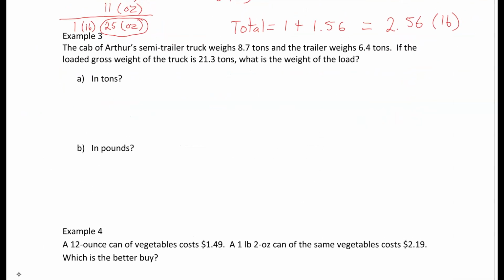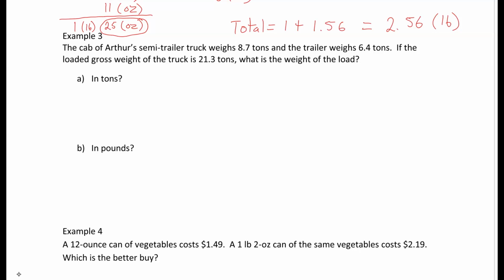For example 3, the cab of Arthur's semi-trailer truck weighs 8.7 tons, and the trailer weighs 6.4 tons. If the loaded gross weight of the truck is 21.3 tons, what is the weight of the load inside?